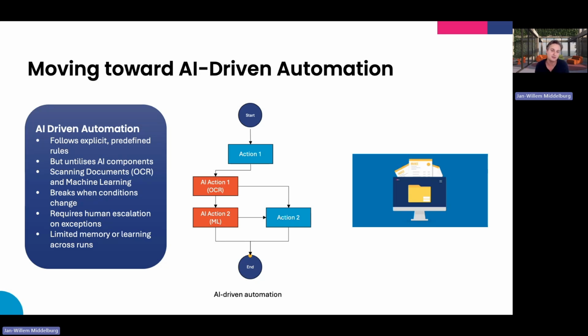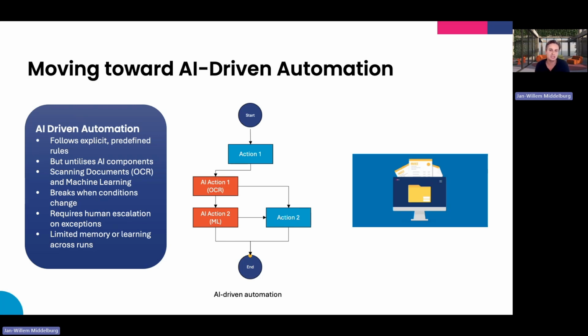However, some of the constraints that we've seen with RPA still apply here. It's still deterministic. There's only one right way to extract information from a document, for instance. There's only one right way to apply a machine learning algorithm to process a specific amount of data. So even though the functionality is much more advanced, there is always still a predetermined output.